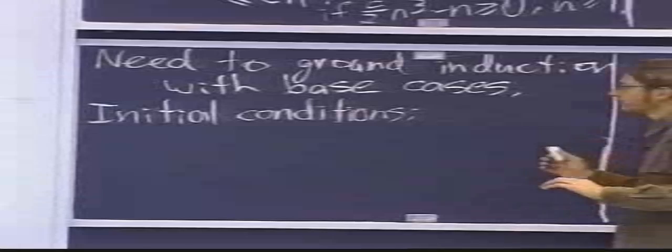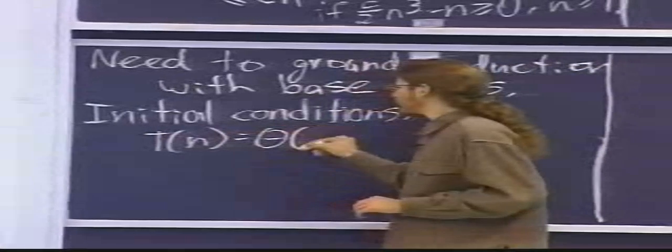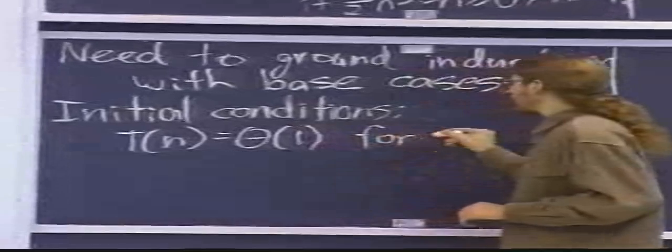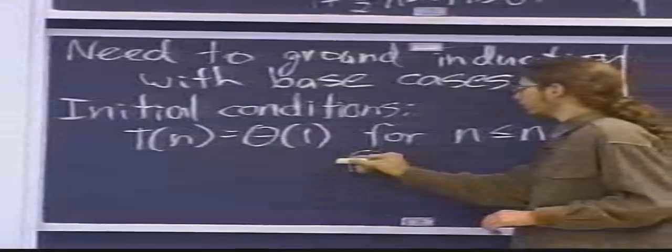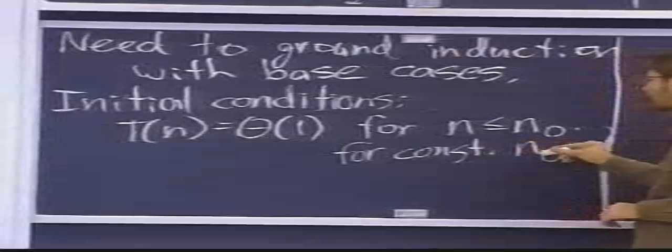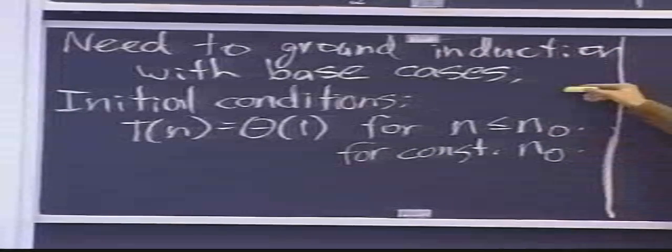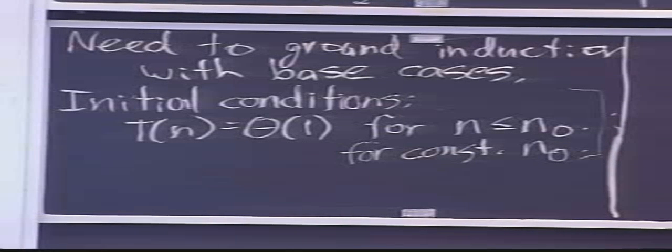It's all constant. So we can assume that T of n is constant for n smaller than some constant n0. And we'll do that pretty much all of the time. So we'll typically omit explicitly saying the initial conditions.